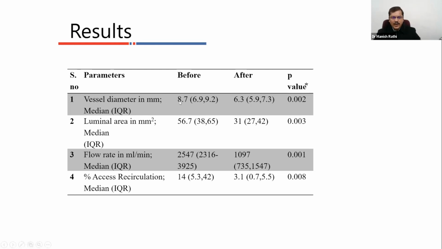There was a reduction from 8.7 millimeters to 6.3 millimeters, and the mean flow rate reduced from 2.5 liters to 1.0. As I was saying, usually we achieve a 50% reduction on table. The excess recirculation subsequently reduced from 14% to 3.1%.